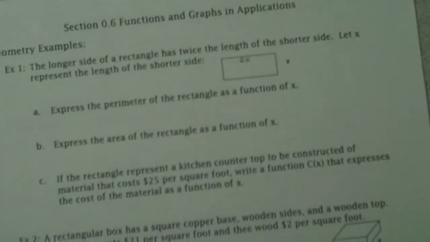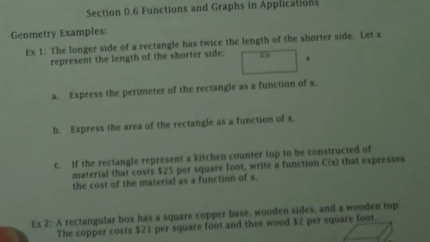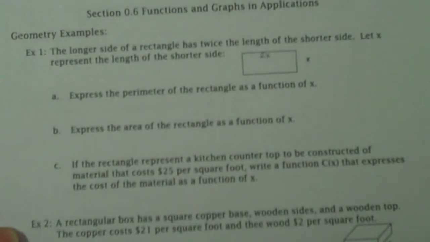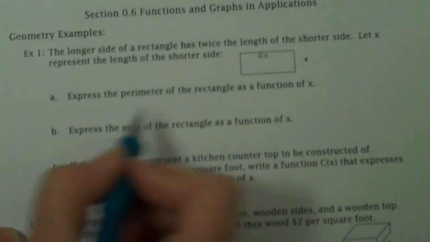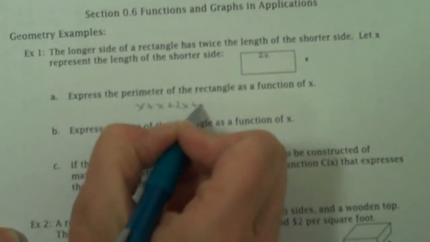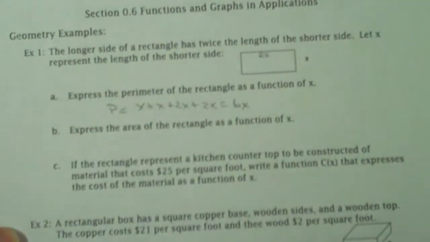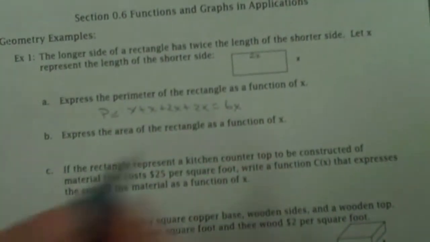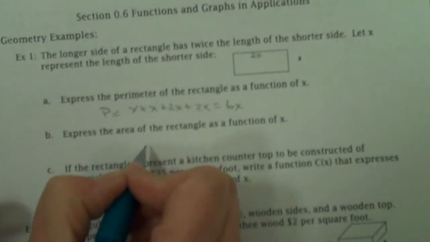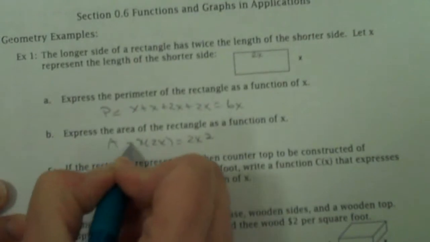And that would allow us then to come up with different expressions for different things like perimeter, area, that kind of thing. So the perimeter of this rectangle would be adding up all the sides, and that would be 6x. The area of this rectangle would be multiplying length times width, so that would be 2x squared.